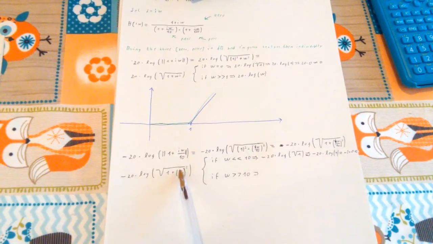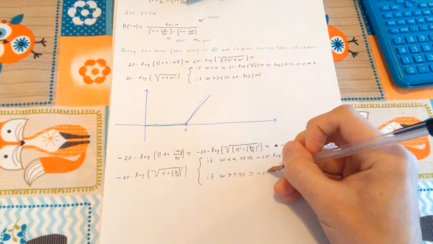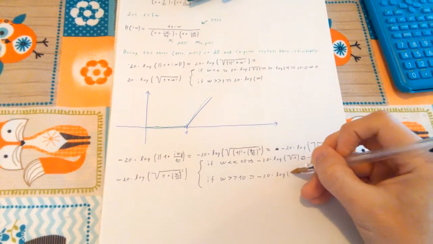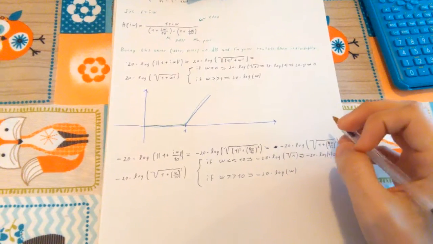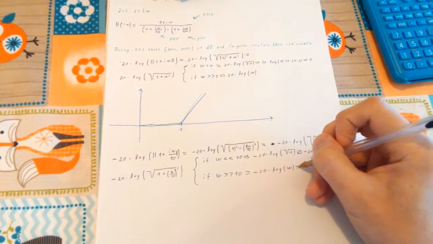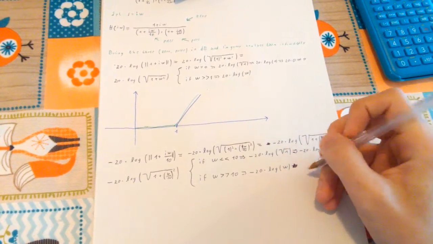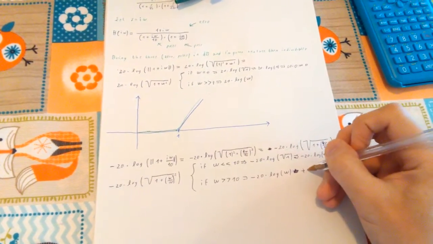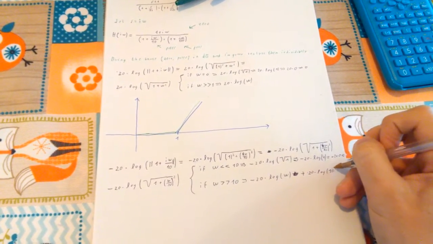Nothing. It's just going to be something really, really big. So it's like saying negative 20 times log of omega. I was almost making a mistake. So it's like saying negative 20 times log of omega plus 20 times log of 10.